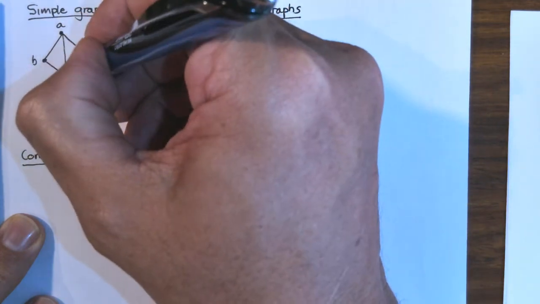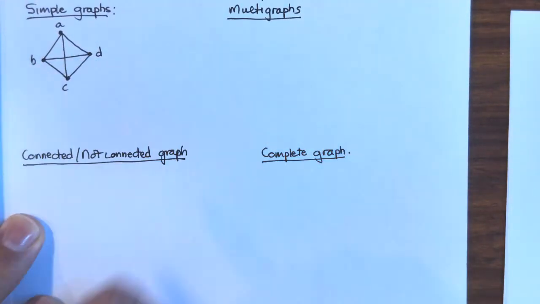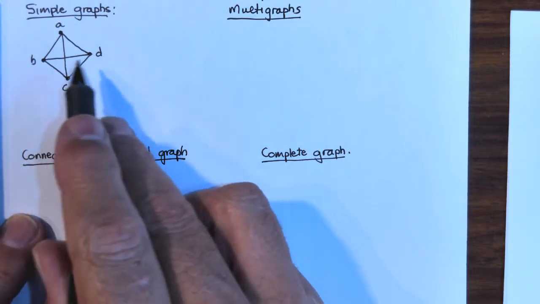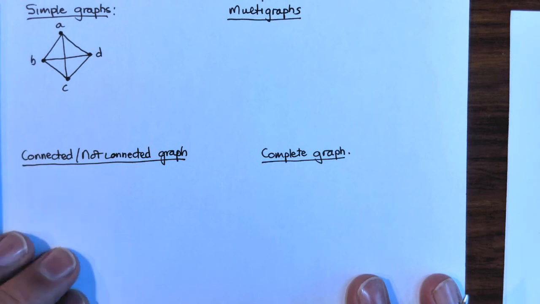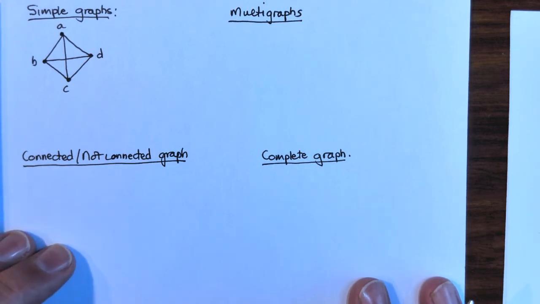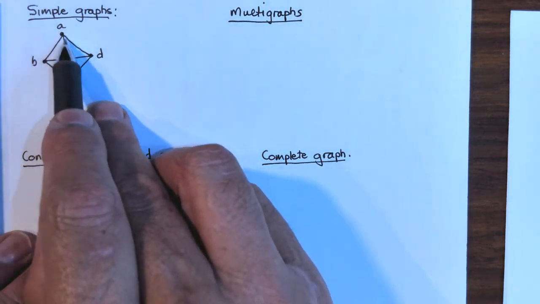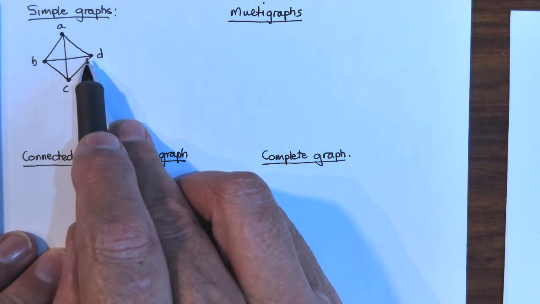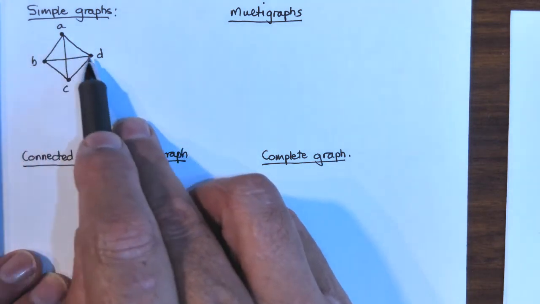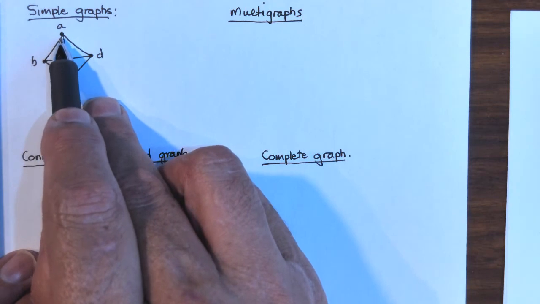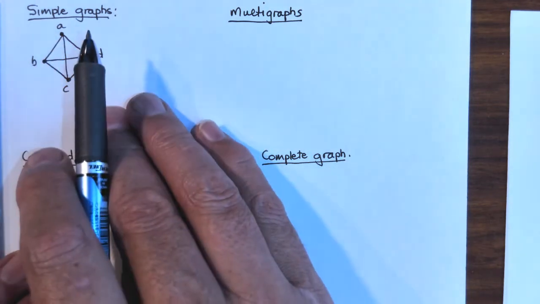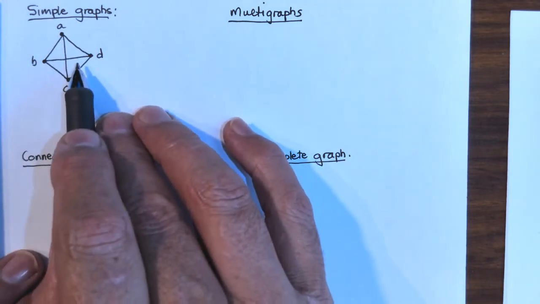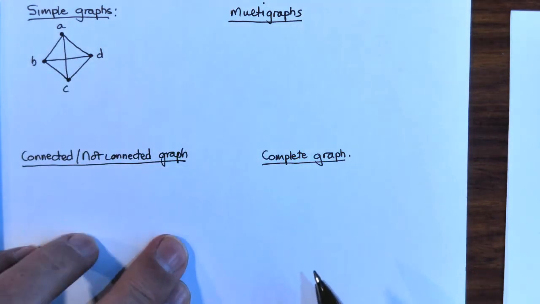A is connected to C, B is connected to D. So AD is only connected with one edge, not with 2 edges. Each one of these edges connects a vertex with another vertex in the graph. There's no duplication. So that is an example of a simple graph.